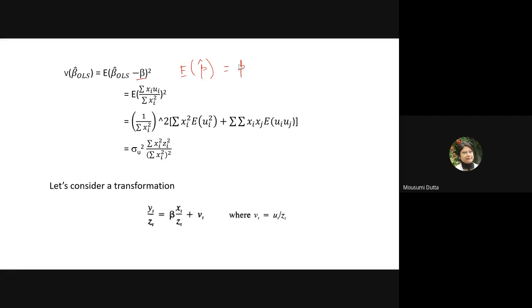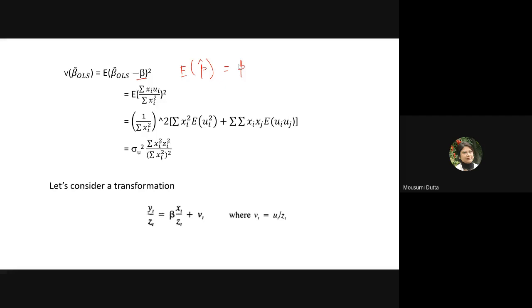I'm keeping 1 by summation xi square whole square outside, and we are expanding summation xi ui whole square, that is a plus b plus c whole square kind of thing, as well as operating expectation. As we expand the series, x1 u1 plus x2 u2 plus up to xn un, if I consider the whole square, I get summation xi square ui square, and also double summation xi xj ui uj. Operating expectation on ui square and ui uj.